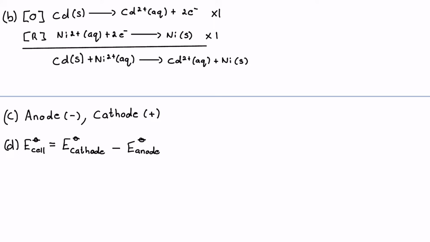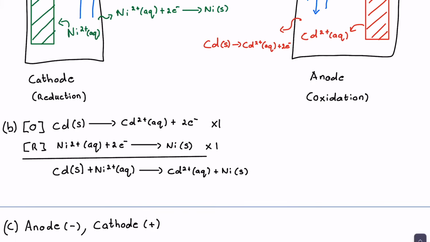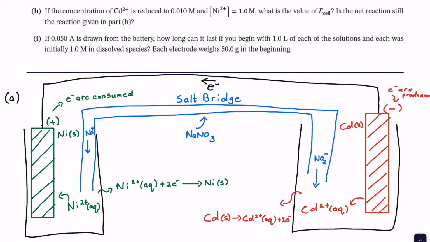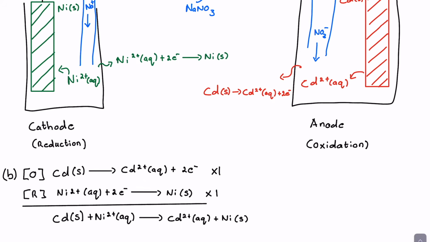Basically the standard cell potential is the final potential minus the initial potential. So it's where the electrons start, meaning at the anode where they are formed, minus what their potential is at the cathode, where they end up. And that's just the difference between them.